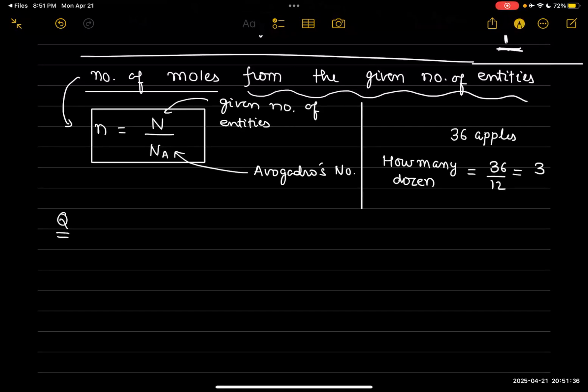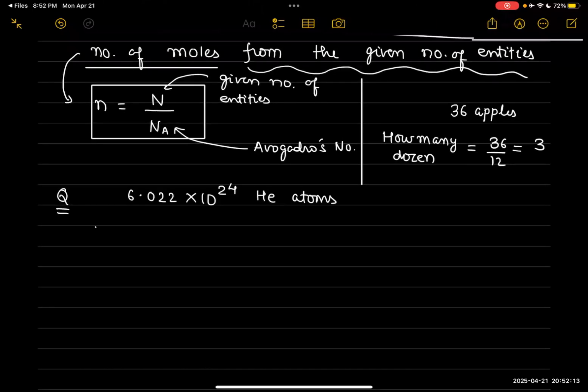Okay, good. So now suppose I ask you, Nabeela, suppose I am having, let's say, 6 into 10 to the power 24 helium atoms, and I ask you to find the moles.